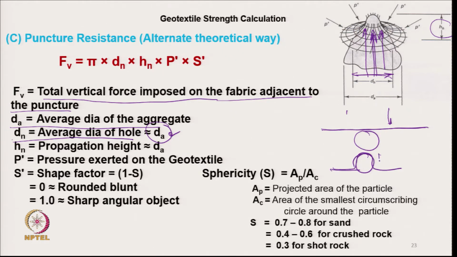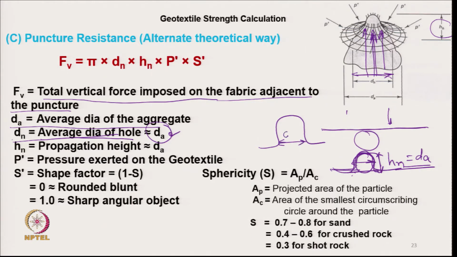So, this height hn is nothing but the diameter of the stone. And dn, the average diameter of the hole, is this one.